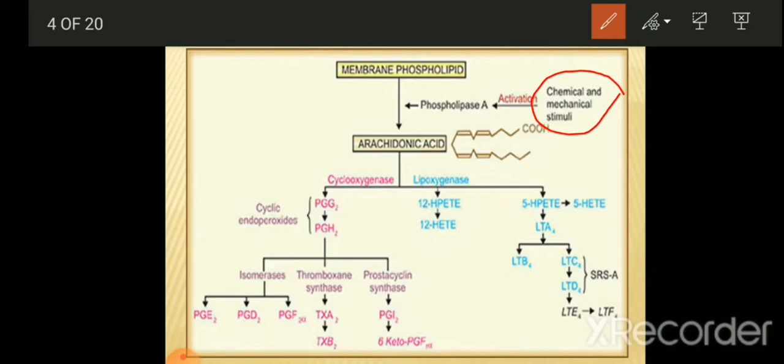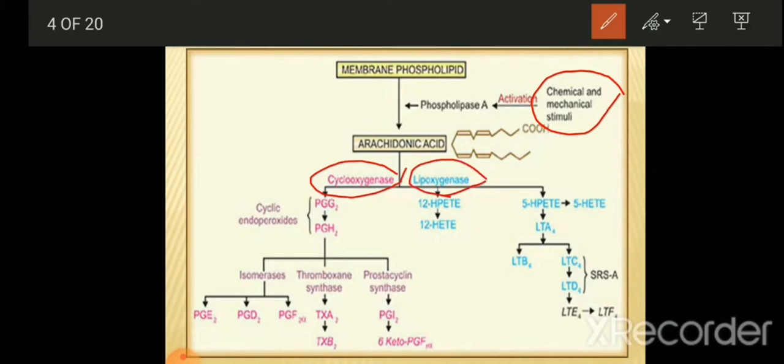And from here onwards, the pathways are starting. There is cyclooxygenase enzyme which is involved in cyclooxygenase pathway or COX pathway. That is the cyclooxygenase enzyme. Then the lipoxygenase enzyme is involved in the LOX pathway or lipoxygenase pathway.